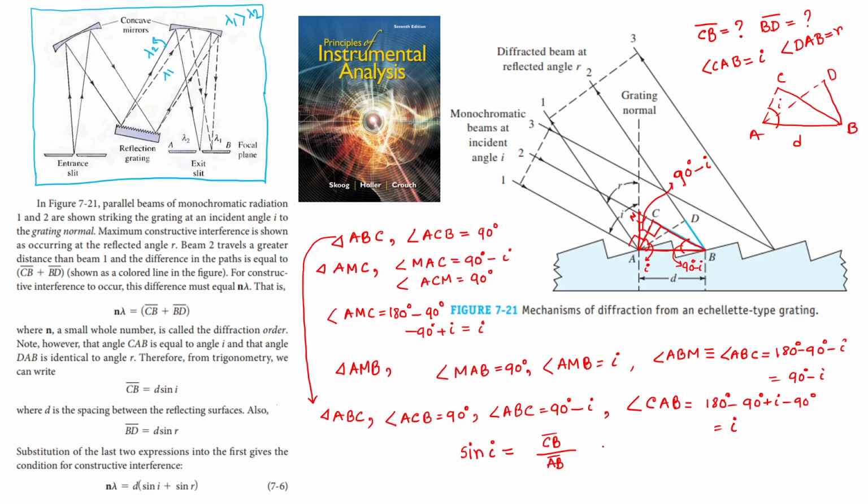CB you don't know, and this is D, the given distance between each grating. So your CB is D sin I, and that is what they have also written here.